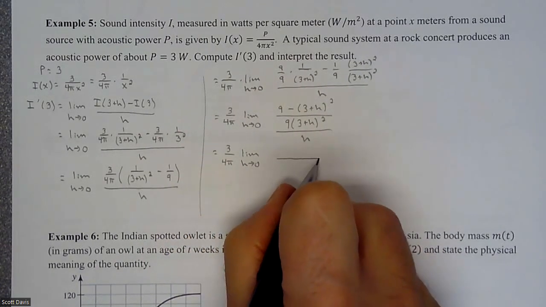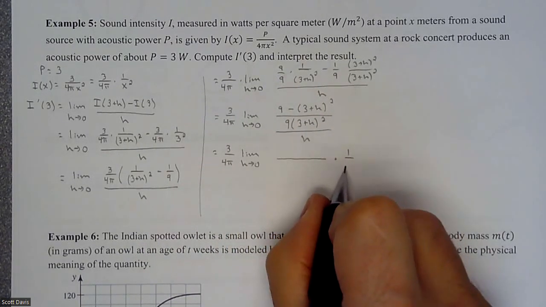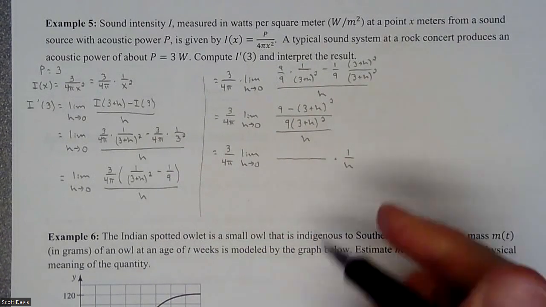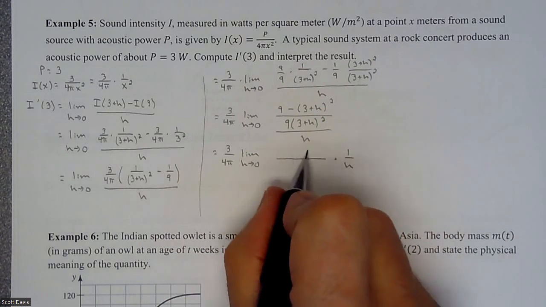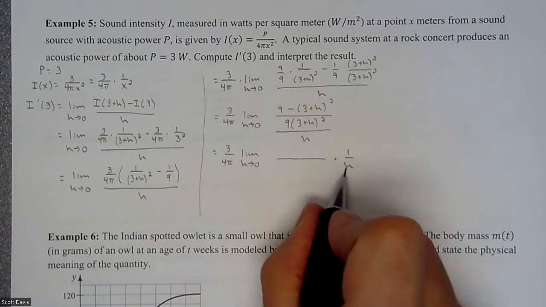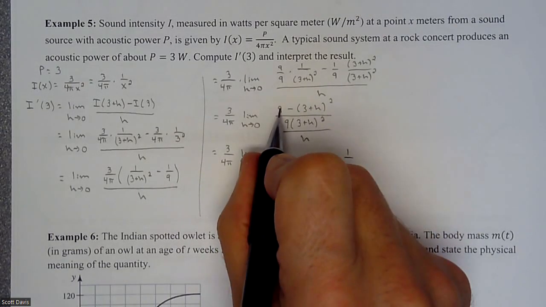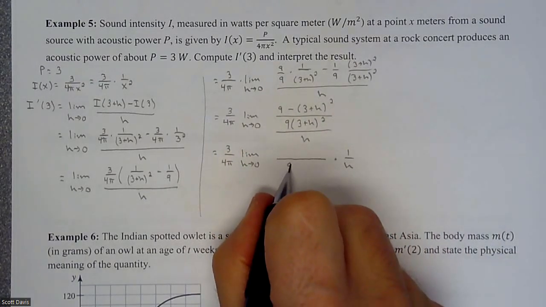Instead of dividing by h, I'm going to multiply by its reciprocal, which also tells me I'm going to need an h that I can factor to cancel out, because that's my 0 being plugged in. So what I need to do is go ahead and distribute this and then take 9 minus and combine our like terms. The denominator I'm not messing with.